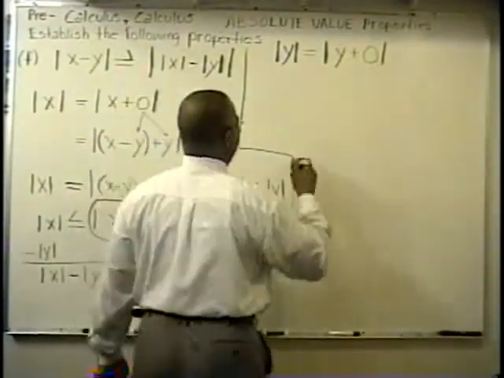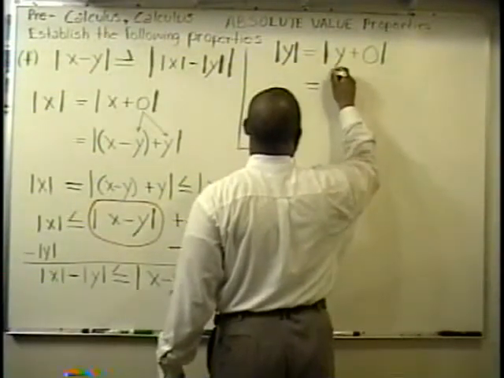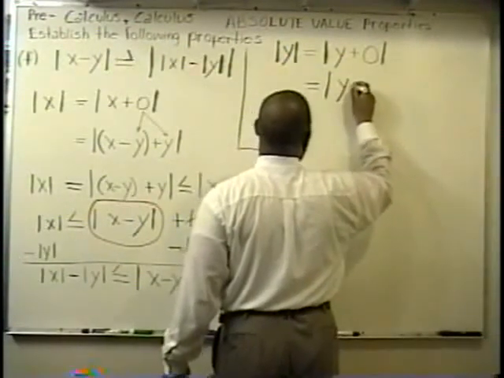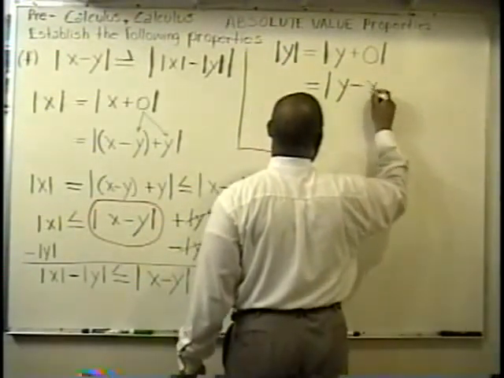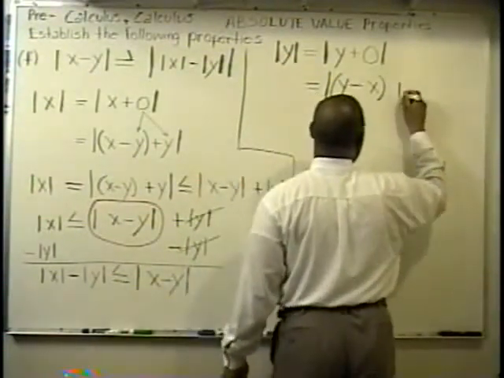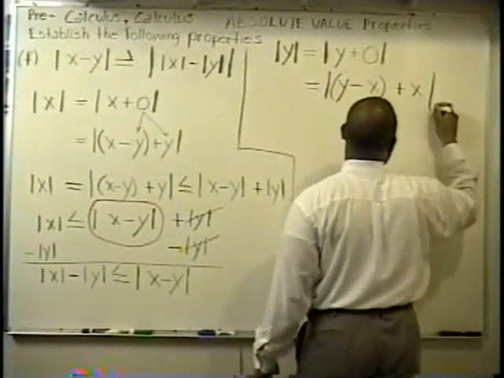Yes, very good. So now I'm going to come down and I'm going to have the absolute value of y minus x, and I'm going to put this in parentheses, plus the absolute value of x.